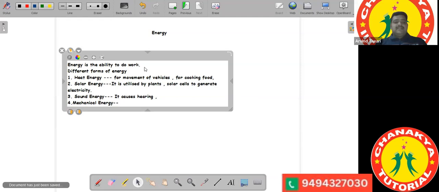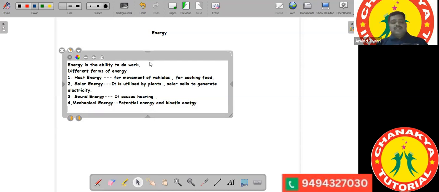It exists in two forms, either potential energy or kinetic energy. These are the two forms of mechanical energy.